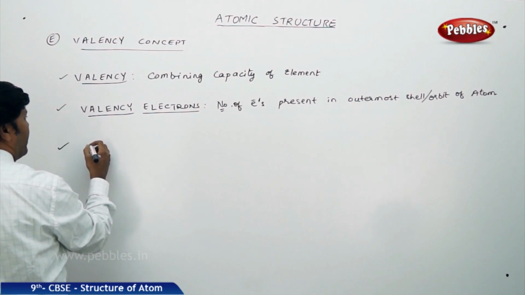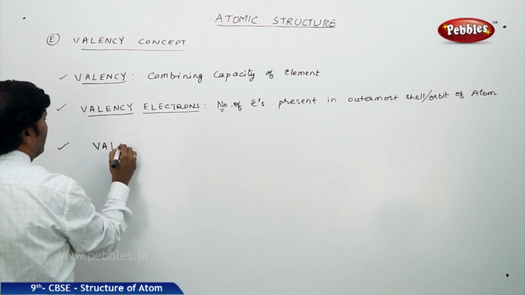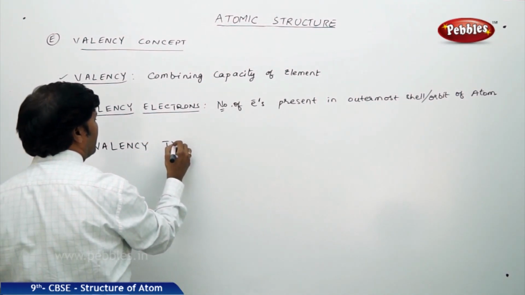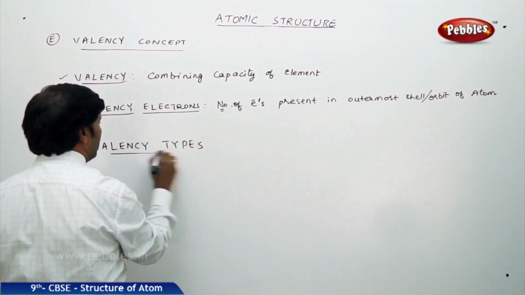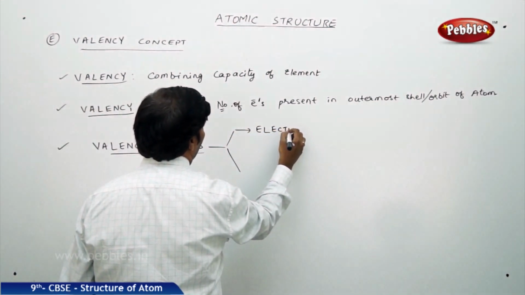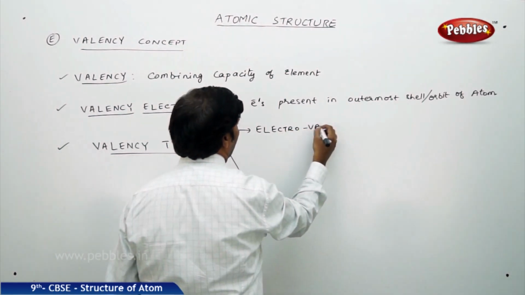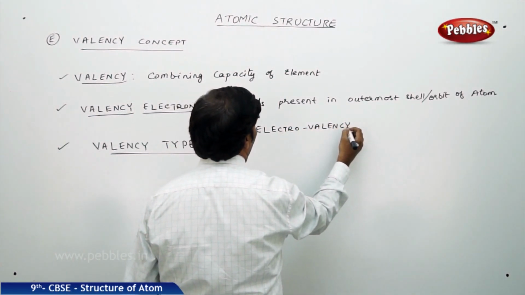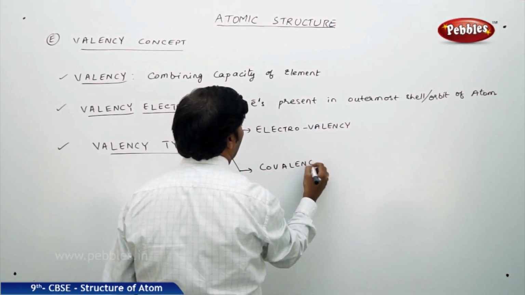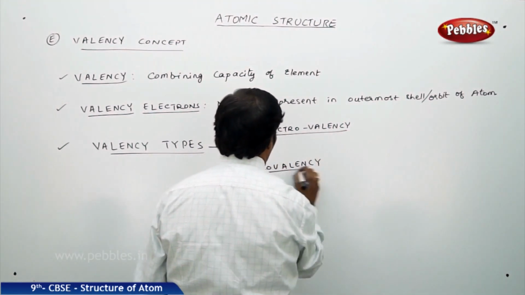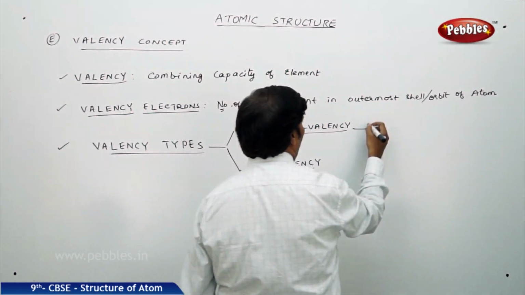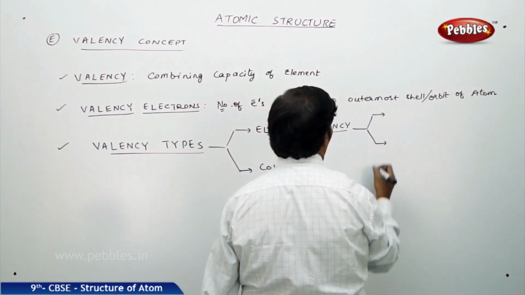If you go for valency types, it is of two types. One is electrovalency, and the other is covalency. Electrovalency can be obtained in two methods.